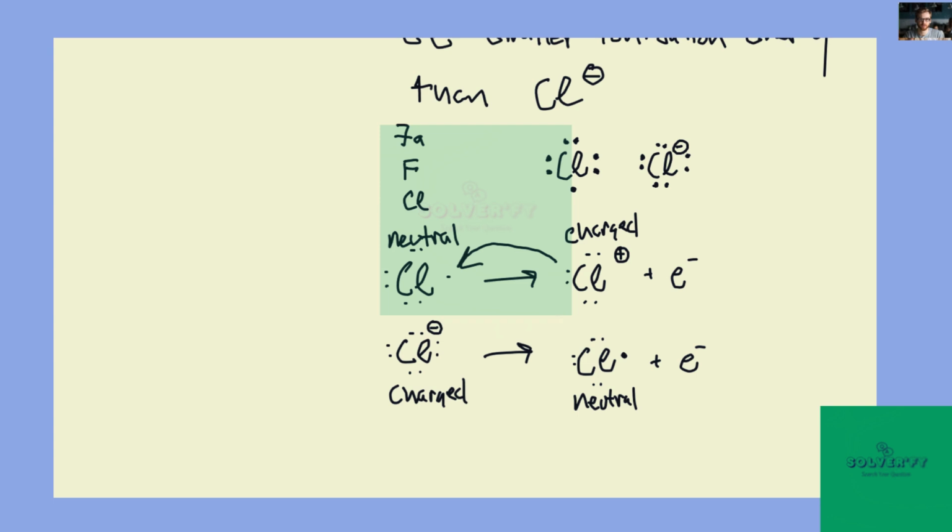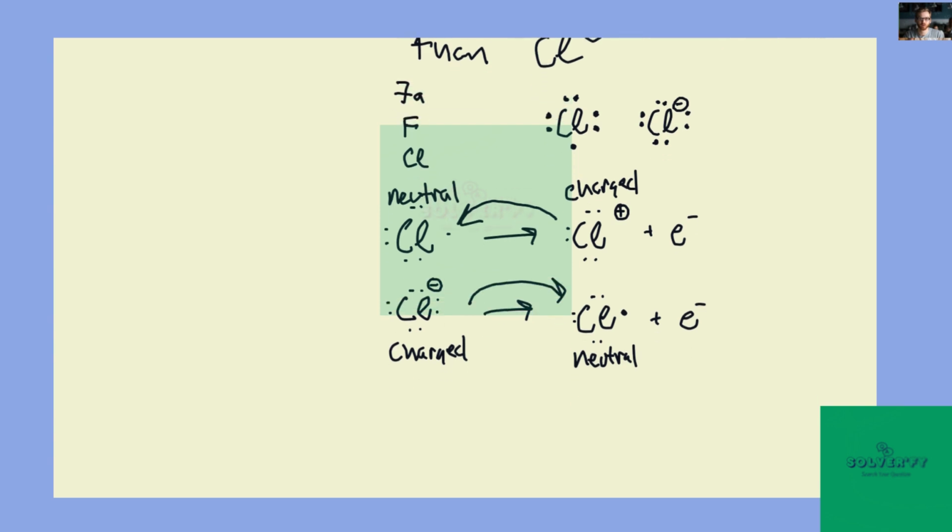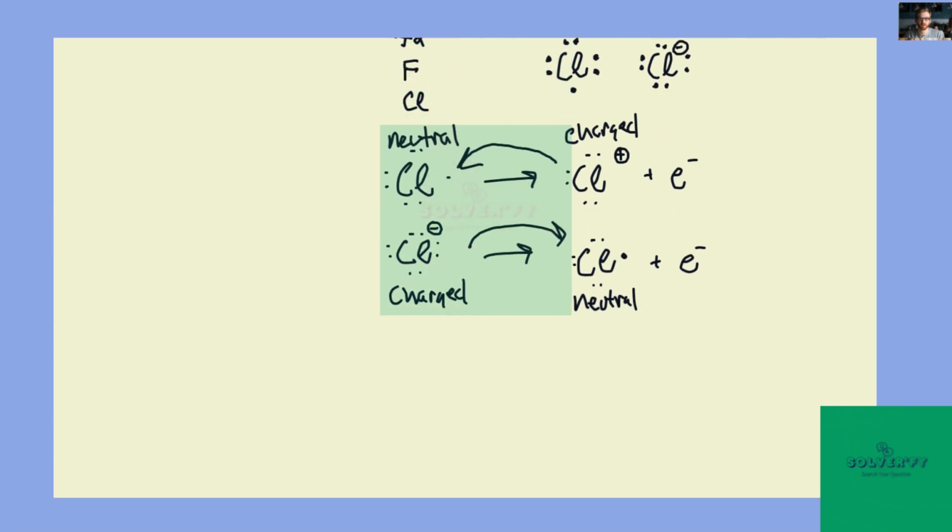Here we're going from charged to neutral, and if we recall that charged species are less stable than neutral species, it makes sense that, if anything, the forward direction in which we lose an electron is the favorable one.